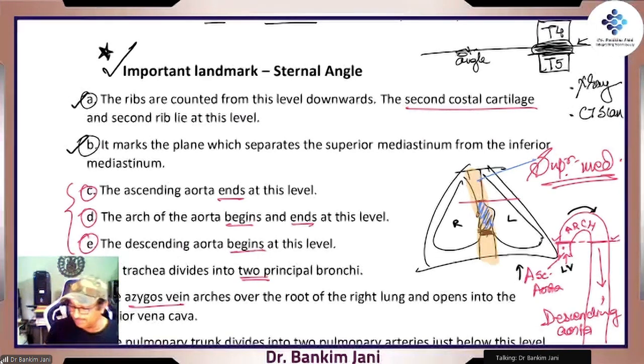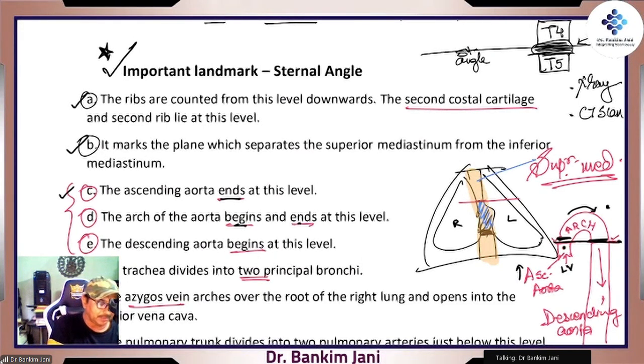So this level is the level of the angle of Louis. So obviously, ascending aorta ends at this level. The arch of aorta begins and ends at this level. And the descending aorta begins at this level. Quite easy.